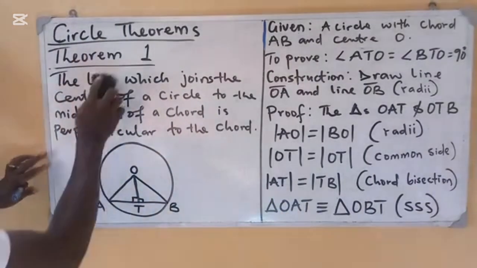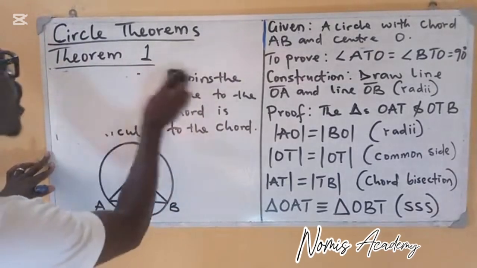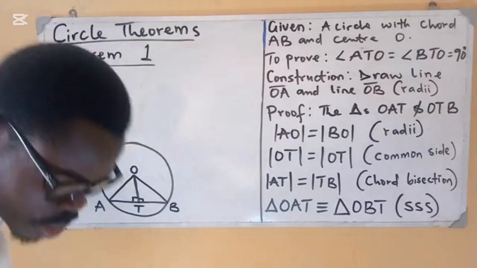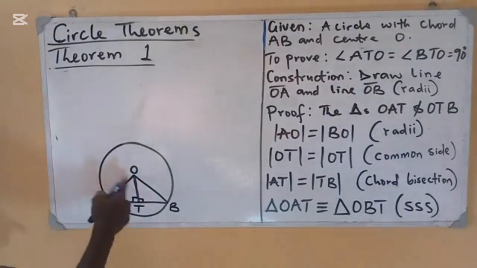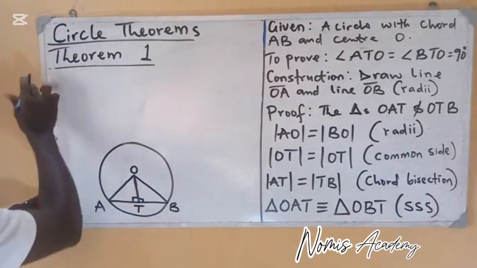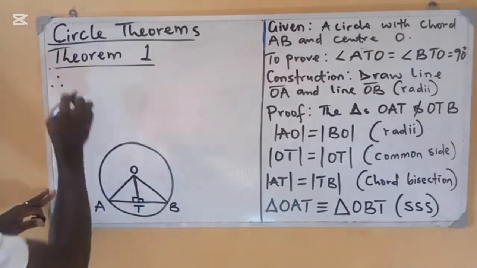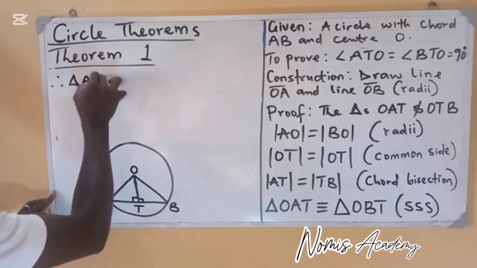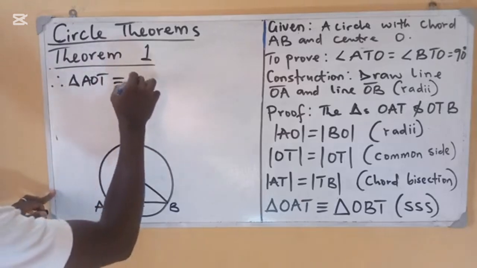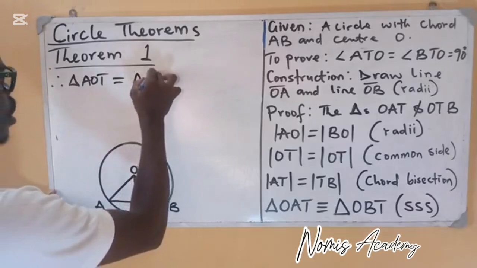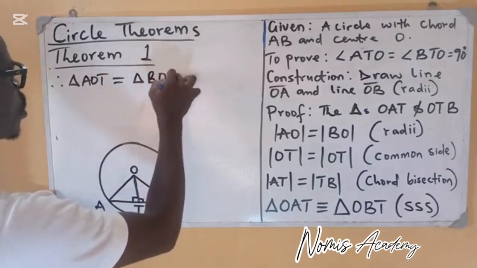So it now implies that if the three sides of the triangles are equal, we can say that triangle AOT is equal to triangle BOT.